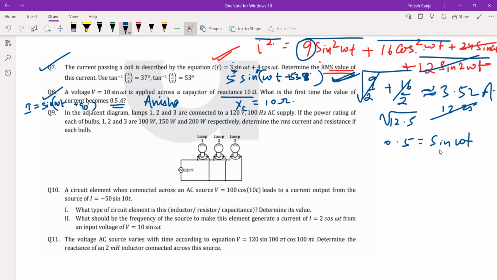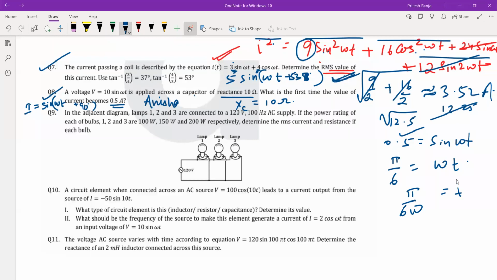So sine omega t, when it will be 0.5, it will be when it is pi by 6. Sine pi by 6 we can write as 0.5. This is equal to omega t. And then we get t here as pi by 6 omega.